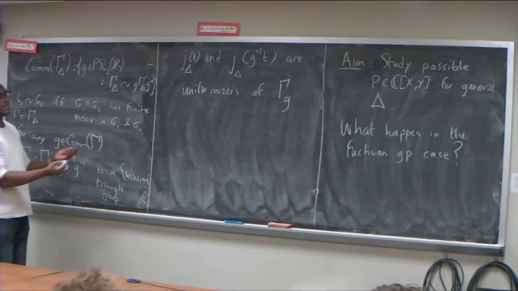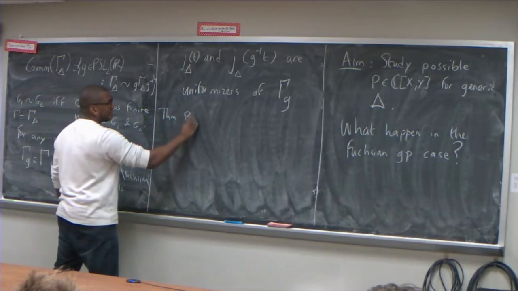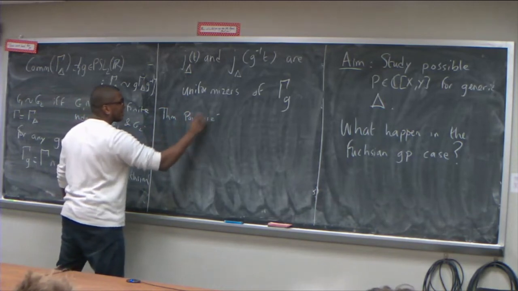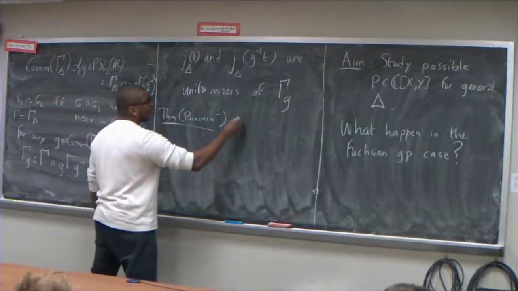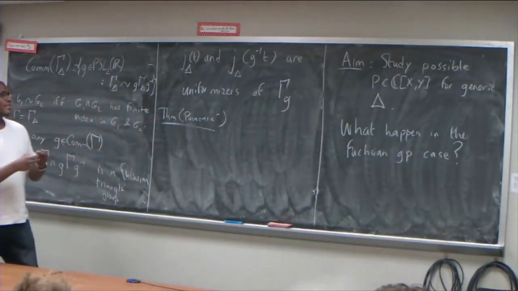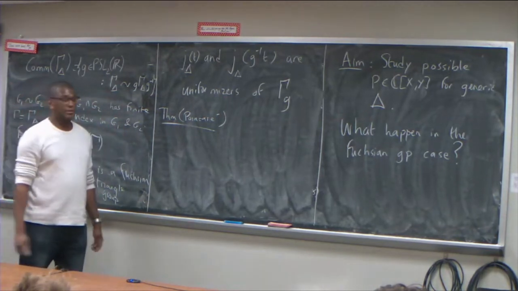And the idea here is a theorem of Poincaré: in that situation, if there are two uniformizers for a triangle group, they must be related by a polynomial relation.